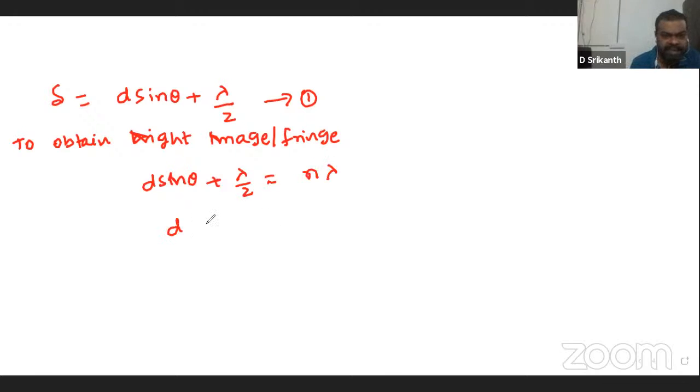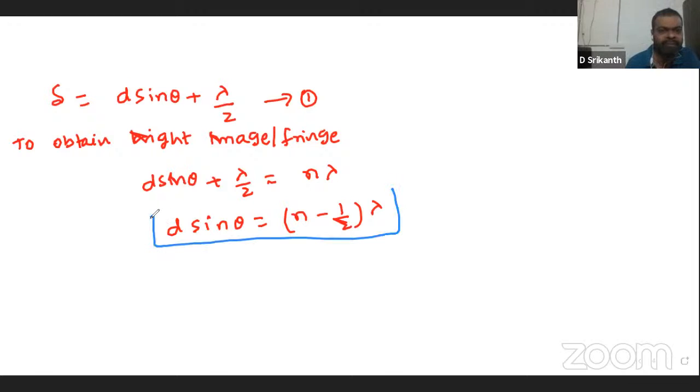So d sin theta is equal to n minus half times lambda. That is the condition to obtain the maximum intensity or bright fringe in the diffraction.